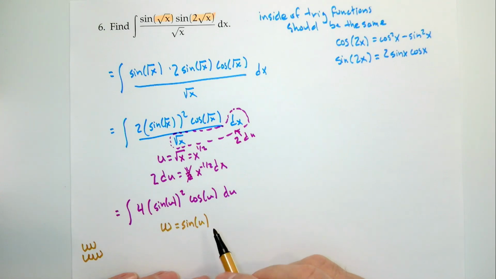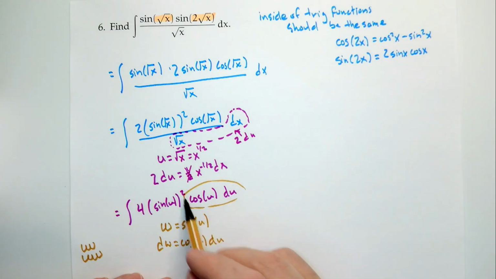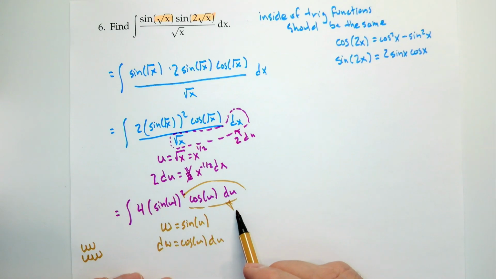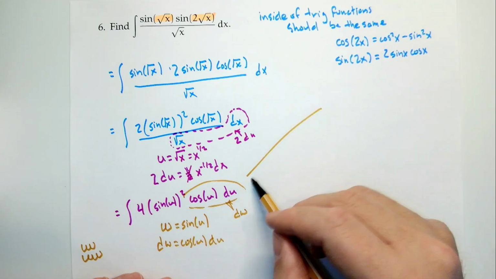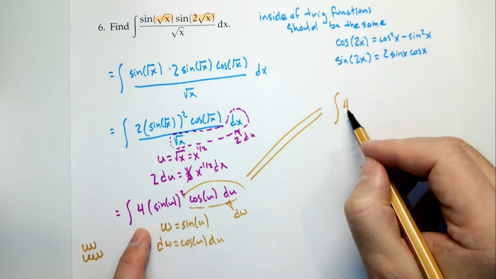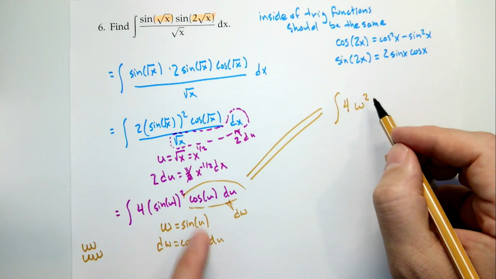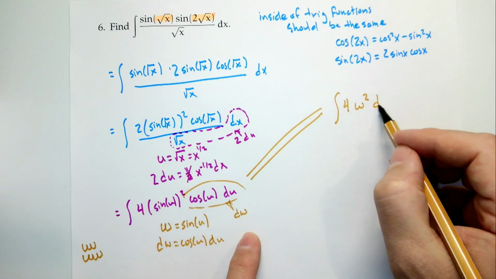So w equals sine of u, dw equals cosine of u du. Aha! Perfect. It's almost like it was meant to be. So what do we get? After the substitution, this becomes 4, sine of u squared becomes w squared, and the cosine u du is dw.